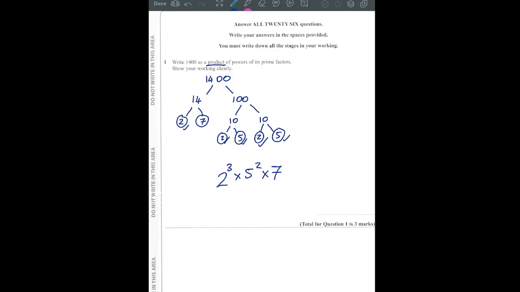Now, the question did say that you had to show your working clearly, so this is what you'd have to do. But for those who want to be a bit sneaky or want to check their answer, there is a button on your calculator that will answer this question for you immediately. If you type into your calculator the number, press equals so that it's then stored in the display, there is a button on the third row down that says fact.